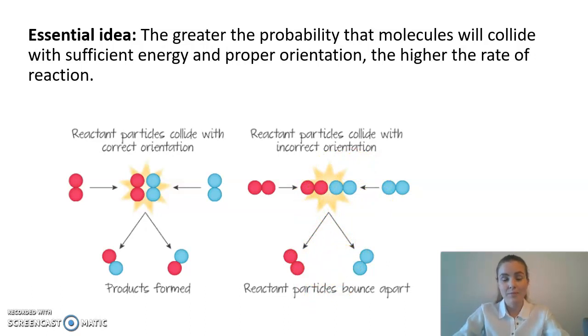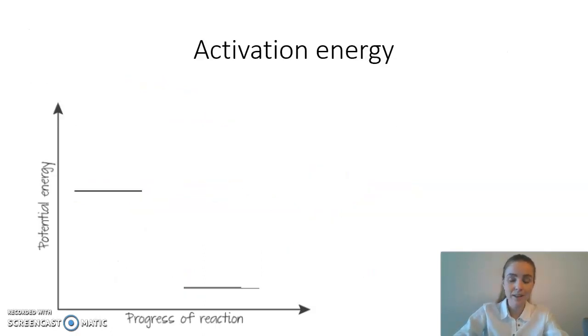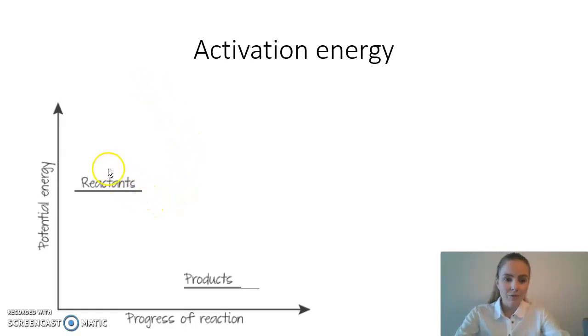And actually, the part about sufficient energy is called something in chemistry, and that is called activation energy. So if we remember from chapter 5 about the thermochemistry, we remember that we can have reactants at a higher potential energy, because we have potential energy along the y-axis and progression of the reaction along the x-axis.